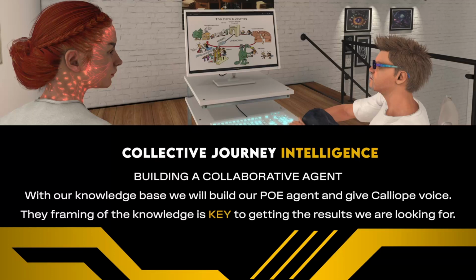I think we're really at this idea of collective journey intelligence, because I do think we're in this evolutionary stage. If you look at narrative design, building these collaborative agents together to work with what is this next generation hero's journey, what's being called the collective journey.